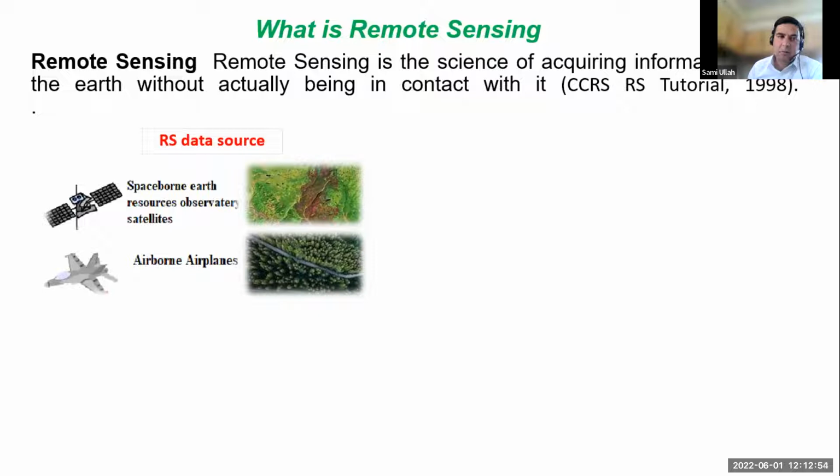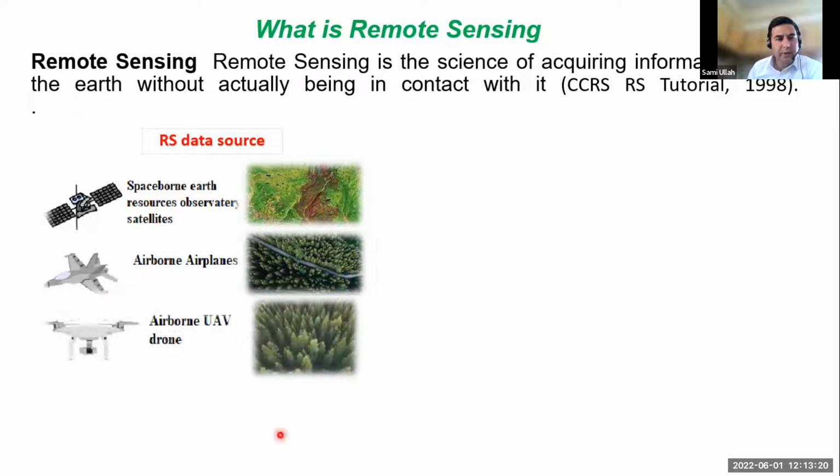These images can be used for different applications in the field of geology, forestry, agriculture, landslides, natural hazards detection, and so on. That falls in the airborne category. We have spaceborne satellites and then airborne airplane remote sensing.